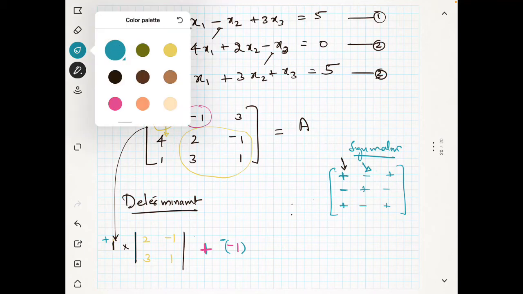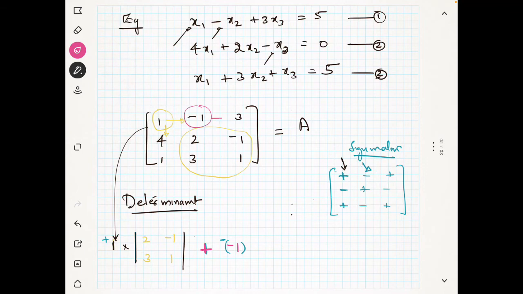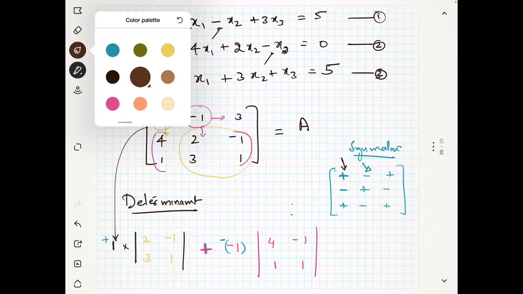Now I am going to remove this particular row and this particular column. What is remaining is 4 and 1, and 1 minus 1 and 1. So I will take the determinant of 4, minus 1, 1 and 1. Next I have the third element, which is 3, so I will use a different color.